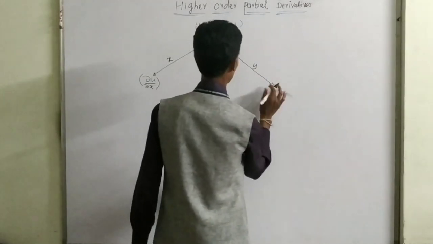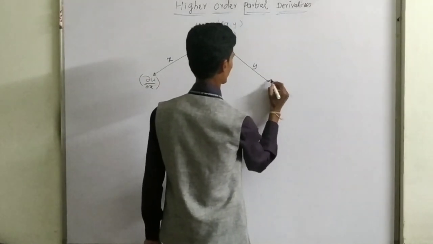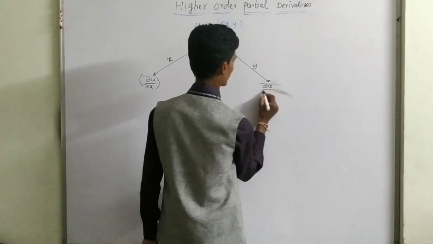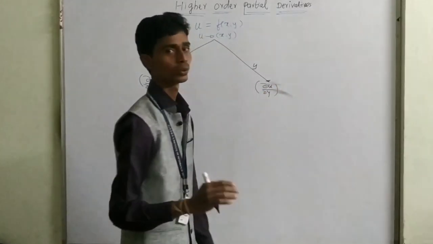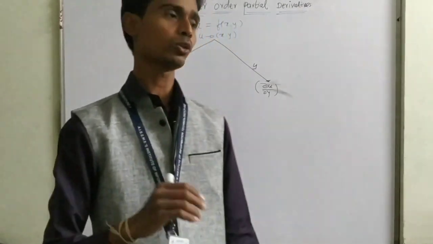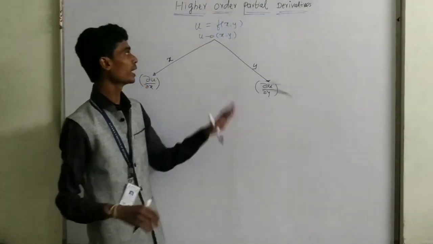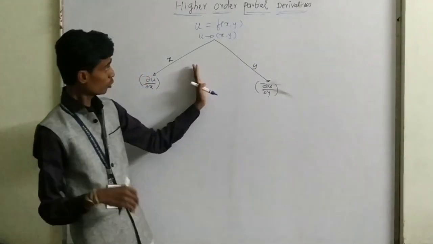Partially with respect to y, it is ∂u/∂y. Clear? So this way we find the partial derivative of u with respect to x and with respect to y. All of you know the rules.